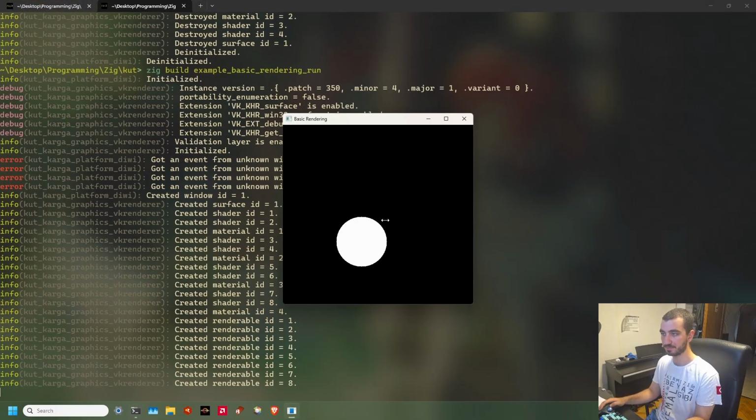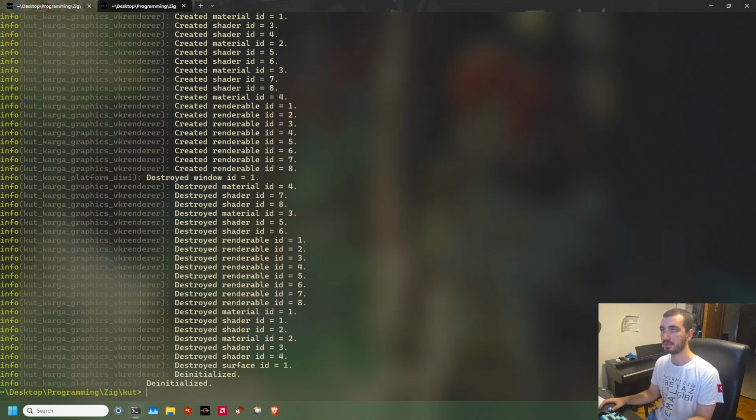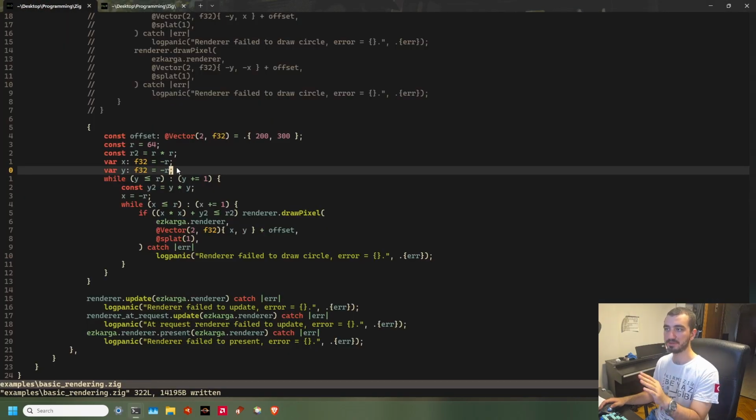And we get a white circle. Great. But let's optimize this a bit, because drawing a pixel for every single pixel in a circle is wildly inefficient.